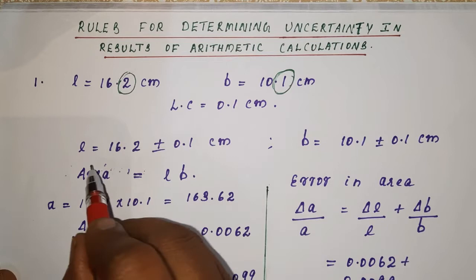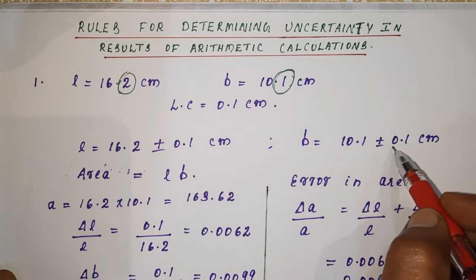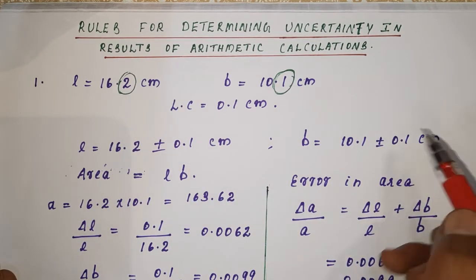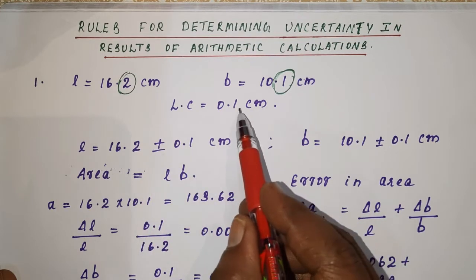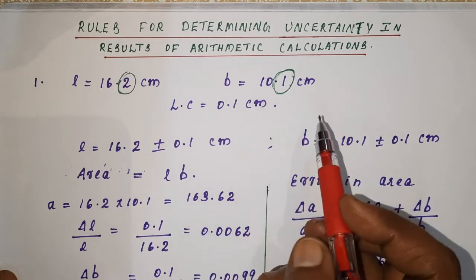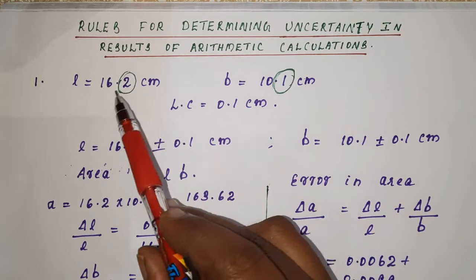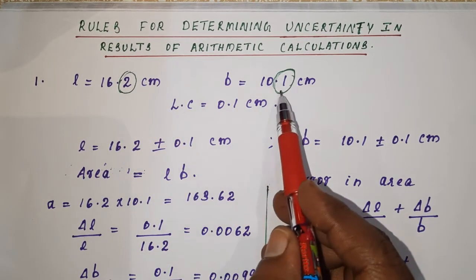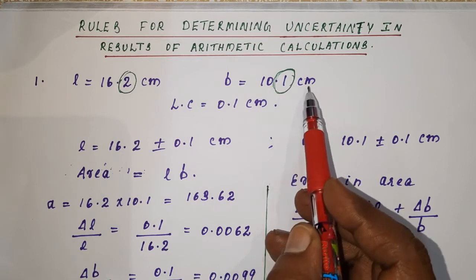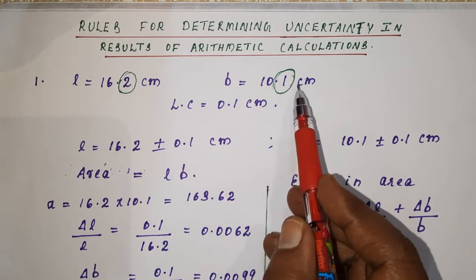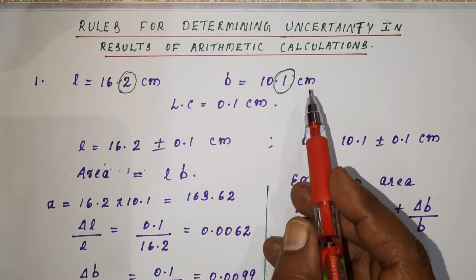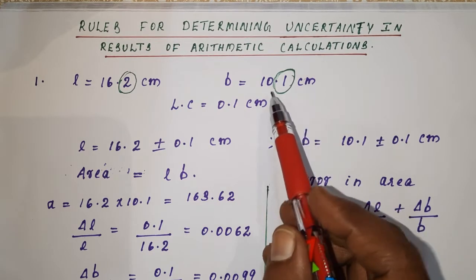So we can write the length and breadth in quoted form like this, because this least count comes as the least count error. You can measure 16.2 centimeter or 10.1 centimeter with your own scale. So what is the possible error in that? 0.1, that is the simplest case.